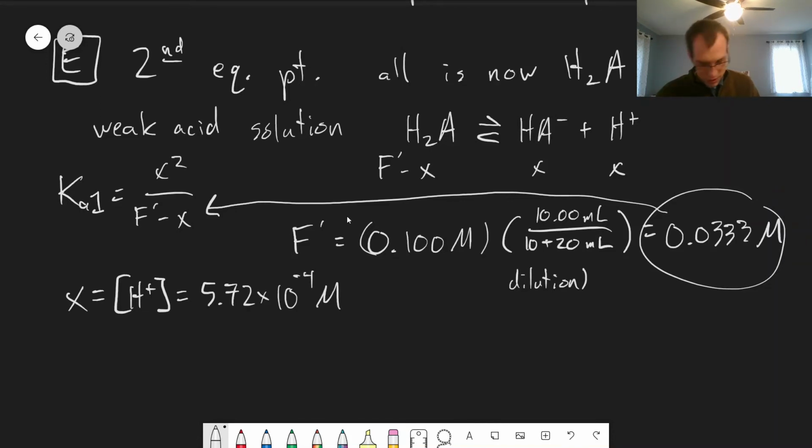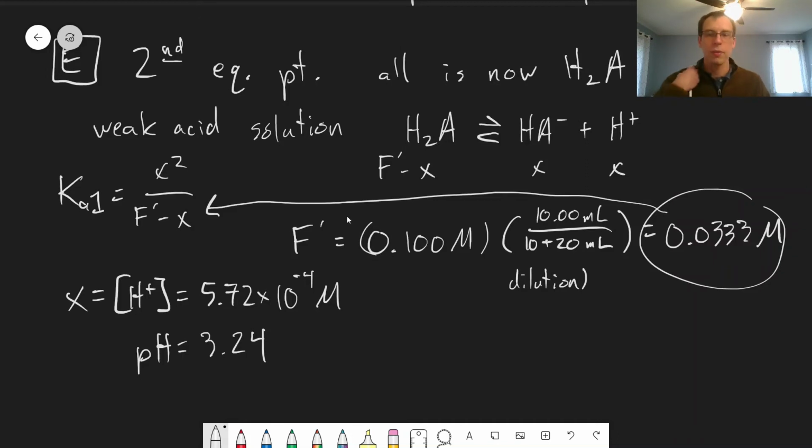Again, skipping a bunch of steps here, but steps that you've done before and hopefully at this point know how to do quite well. So you get a pH of 3.24. And then if we keep going, the excess H plus that's getting added by our titration is going to determine the pH after the second equivalence point. We've already done that. The calculation doesn't change for a polyprotic system.